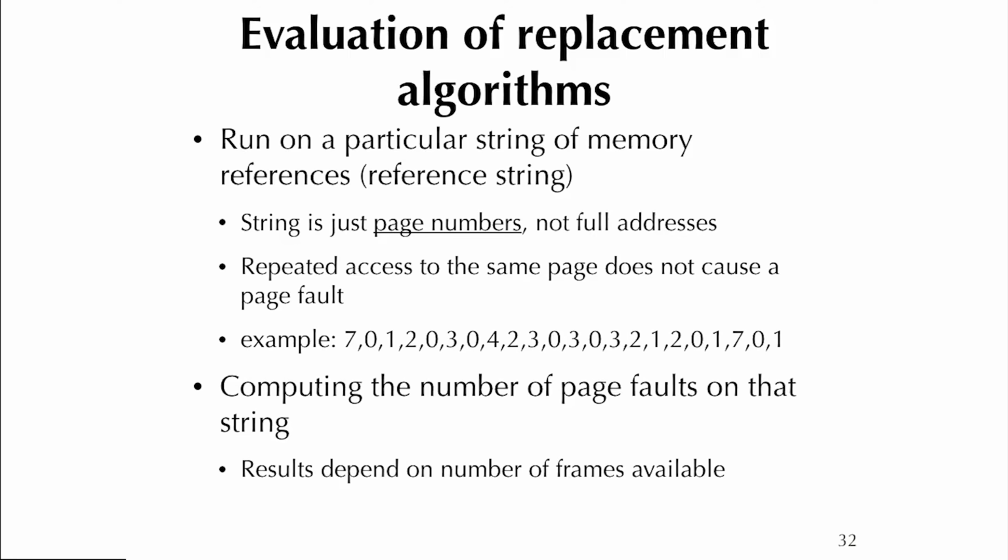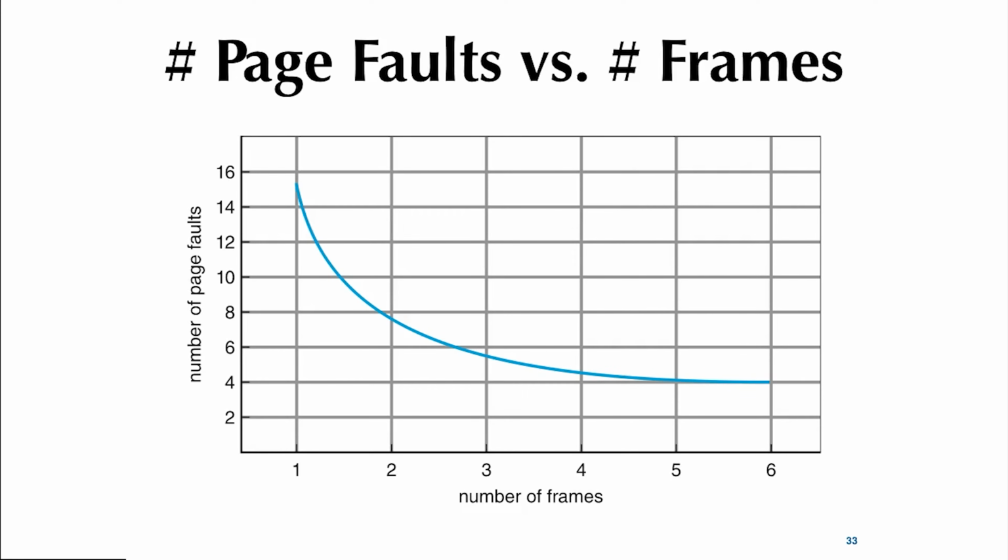Okay, and as you can imagine, it depends on how many frames you have. That has an effect on page faults. So this is kind of what you expect. That is, if you have more frames, your page fault rate is going to decrease. Right? At some point, you don't even have to page out, so no page fault.